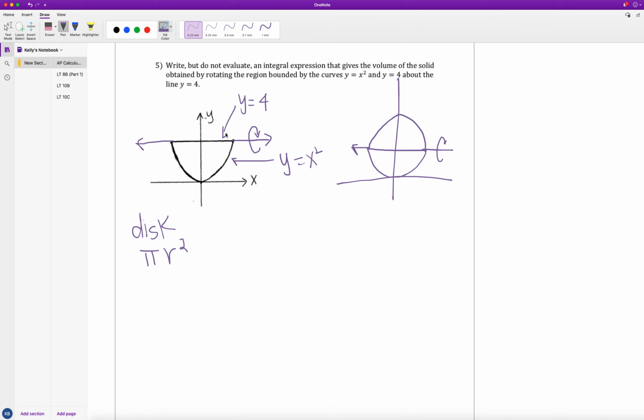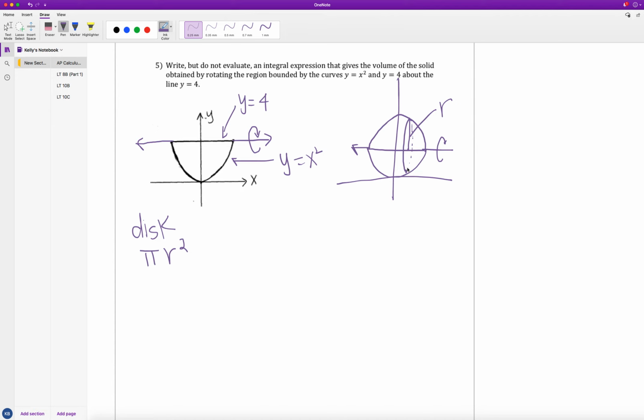Now, when I rotate this about, because we slice perpendicular to the axis of revolution, then my cross sections here are going to be coming down, and they're going to be these solid disc shapes there. And that piece right there is actually going to be my radius that I get. This is the portion of the curve that I'm getting as I flip it over.